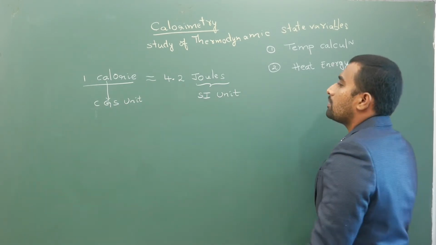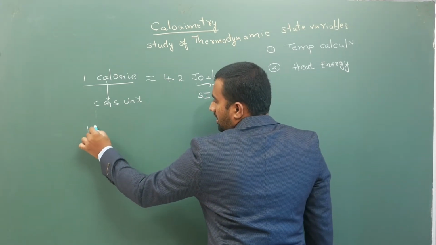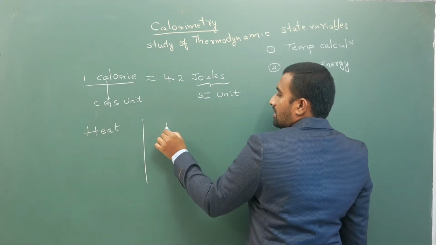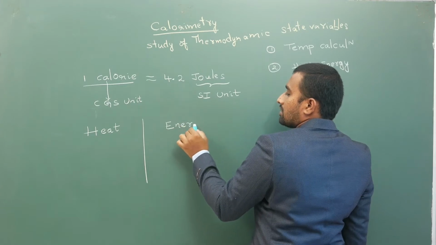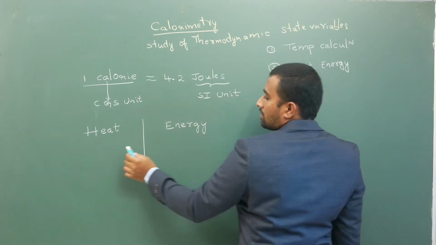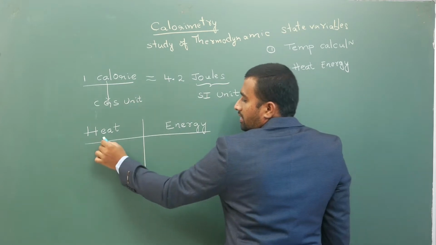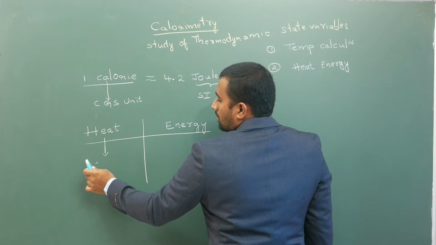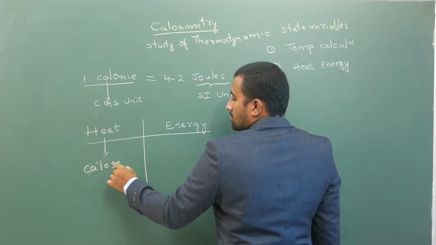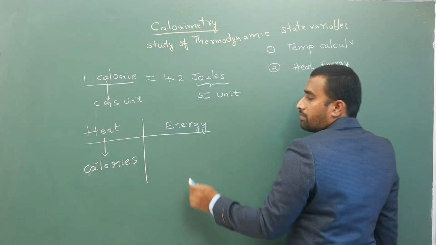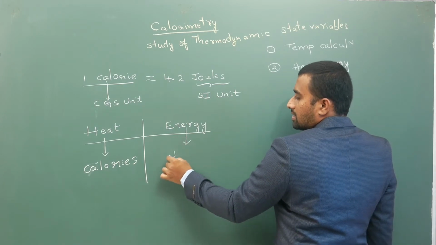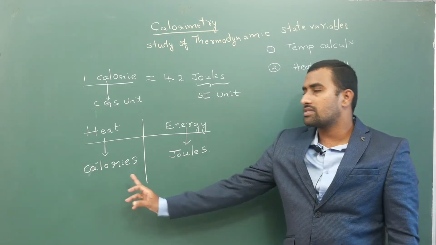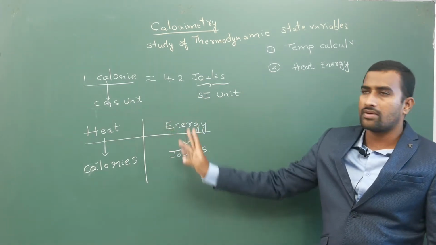Initially people thought heat is different and energy is different. So for heat they initially defined energy in terms of calories. Later people gave energy in terms of joules. But both are related to each other, and their relation is given like this.